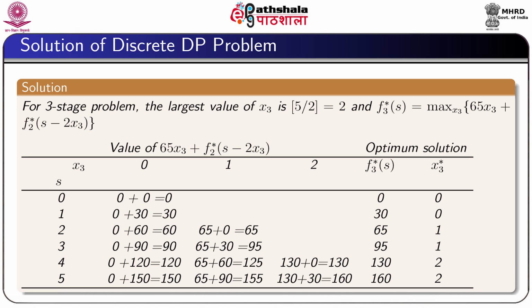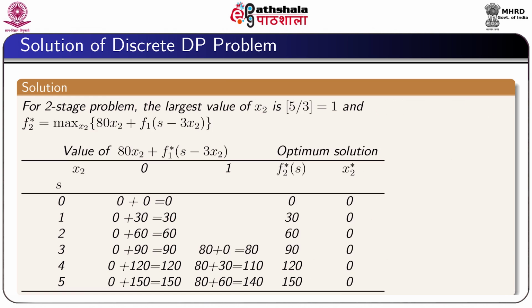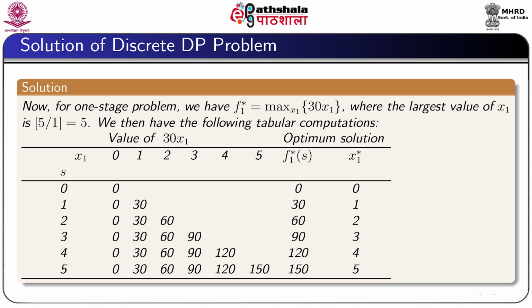So, when x3 takes 2, we have the remaining value of s equal to 1, and from the previous table we see that when s takes 1, we have x2* equal to 0, and when x2* equal to 0, then from the previous table, that is from table 1, we find x1* equal to 1.